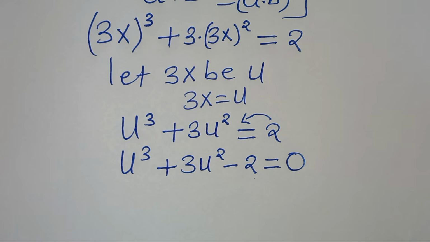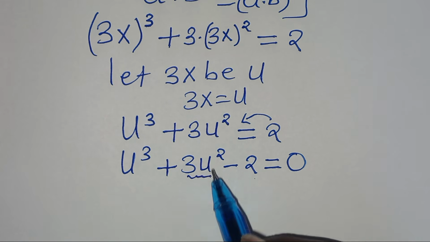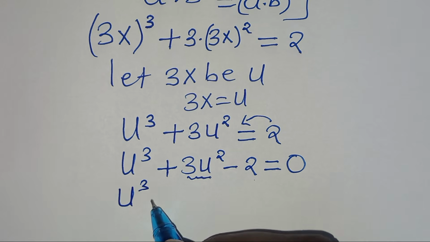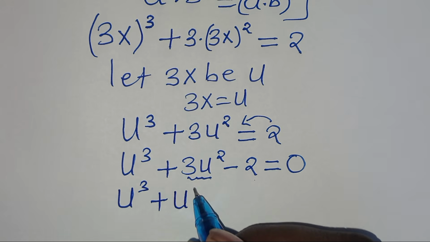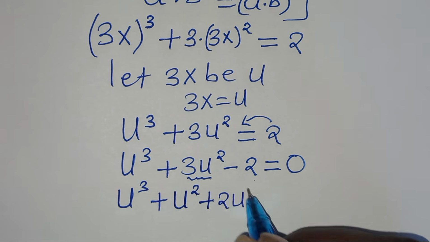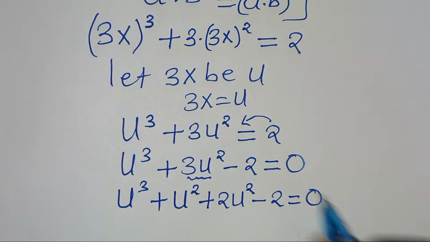Now, the next step is that we can express 3u squared as follows. This is u to the power of 3 plus 3u squared, which is the same thing as u to the power of 3 plus u squared plus 2u squared minus 2, this is equal to 0.